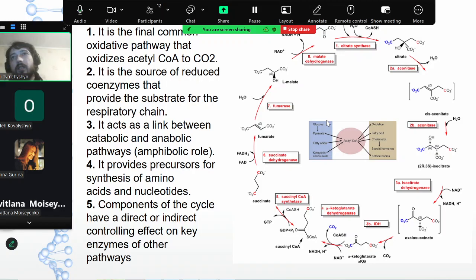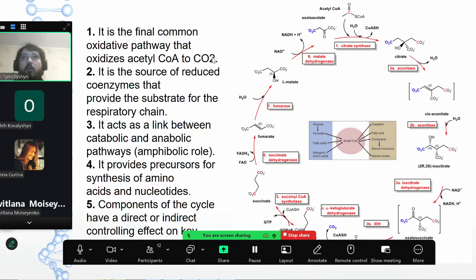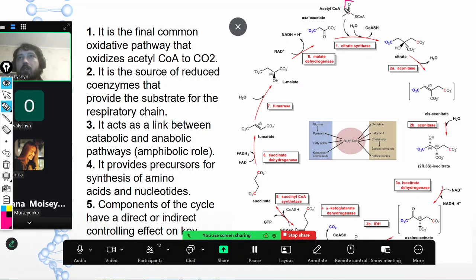Well, sugar already contains some oxygen, so we have some oxygen already here that will be used.